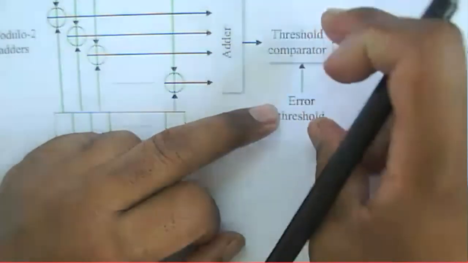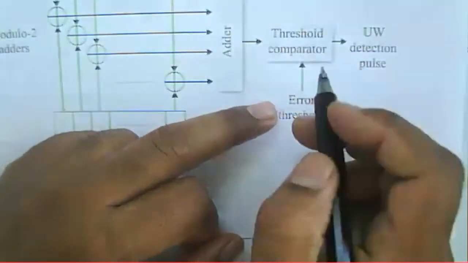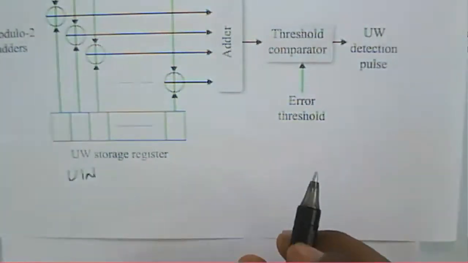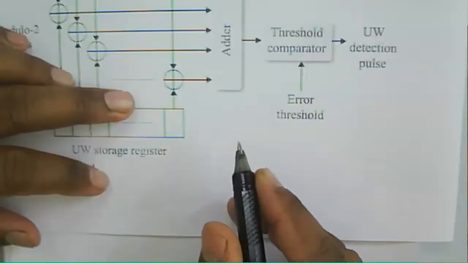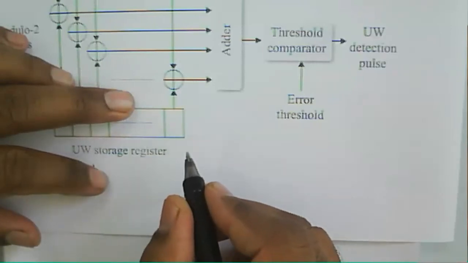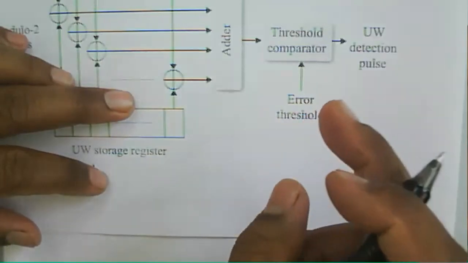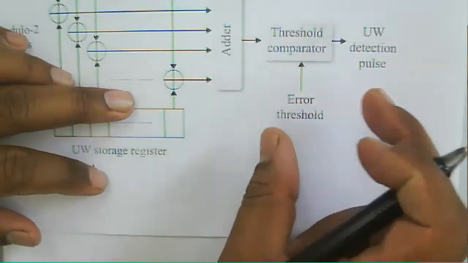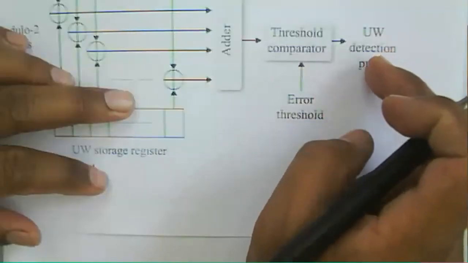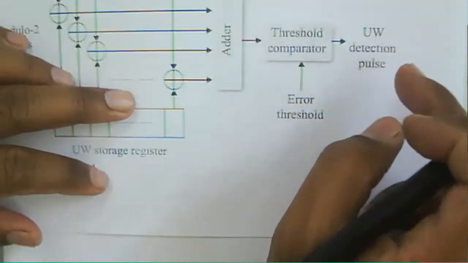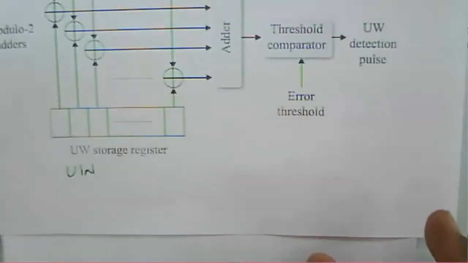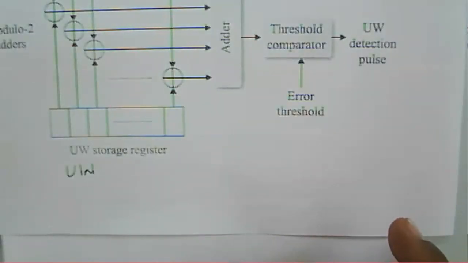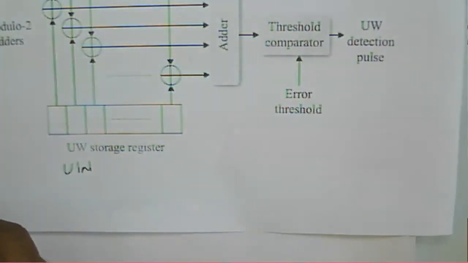To minimize the false detection here, the detection pulse is passed through an aperture, and that will give the expected location of the unique word. So that's why two detectors are used.